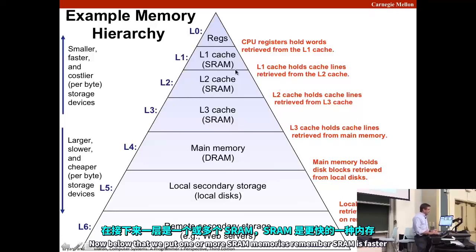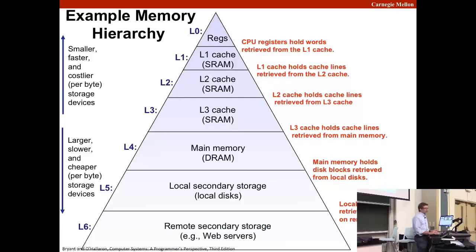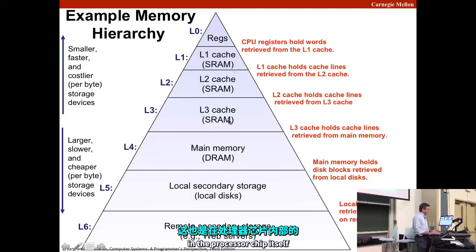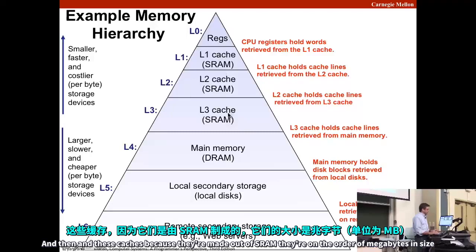Now, below that, we put one or more SRAM memories. Remember, SRAM is the fastest kind of memory. So we put one or more so-called caches, cache memories built out of SRAM, in the processor chip itself. Because they're made out of SRAM, they're on the order of megabytes in size.